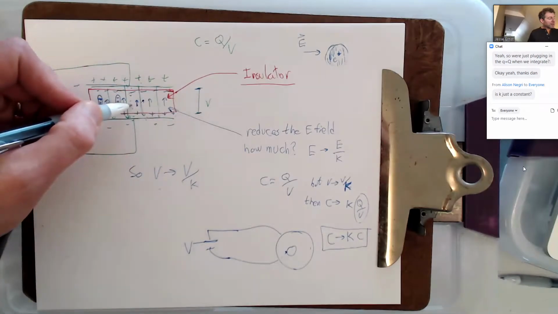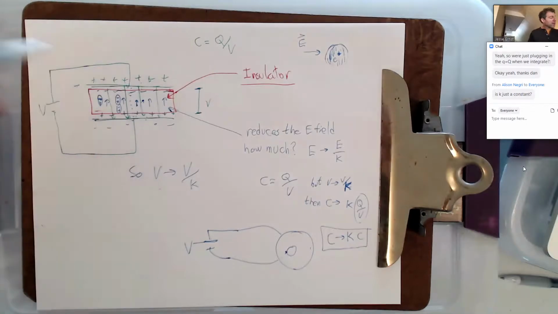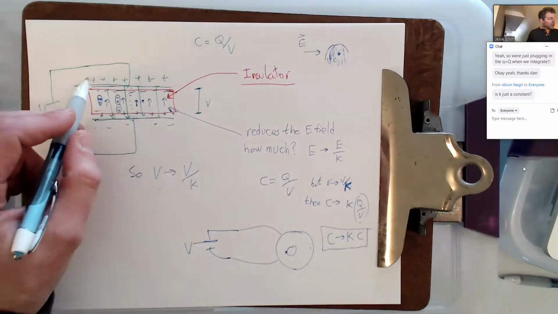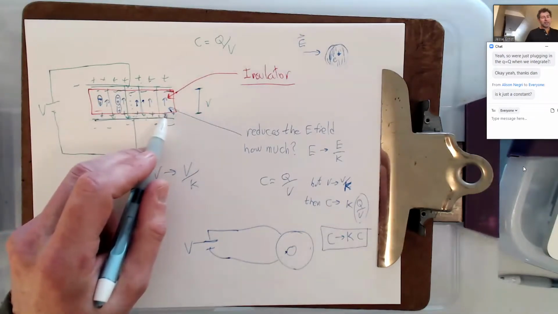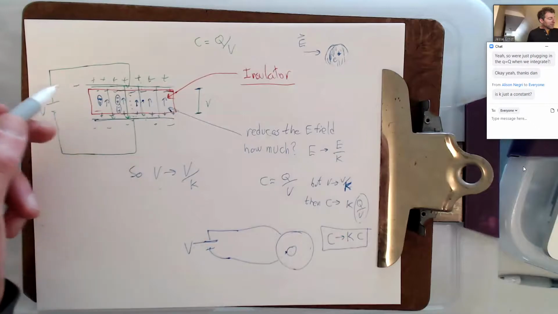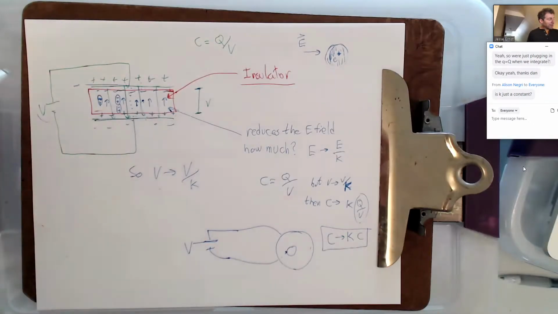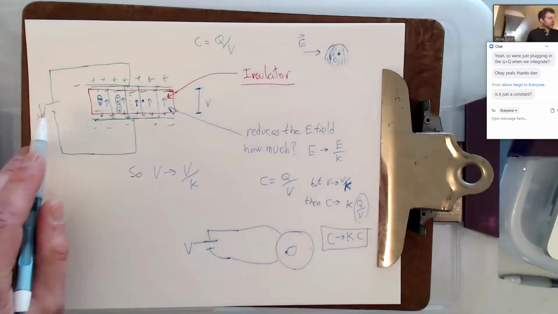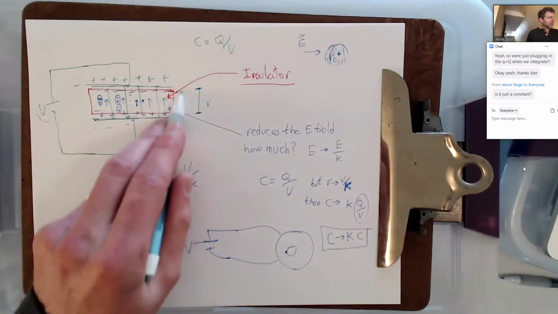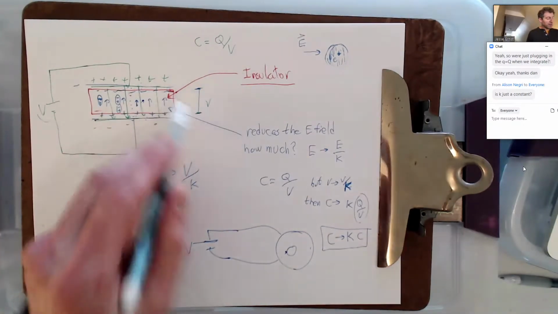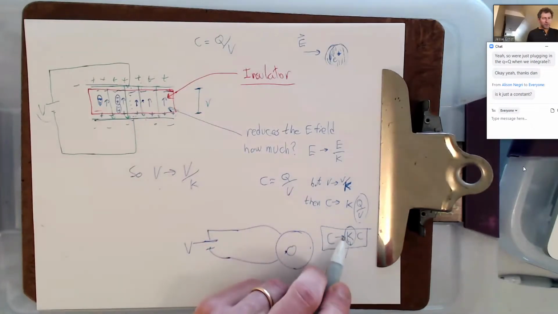But now the E field is half the strength, so the potential difference will be half as big. So now I've got to put twice as much charge on this thing to get the same voltage V. That means this thing is going to store twice as much charge as it did before you put this slab of insulator in the middle.